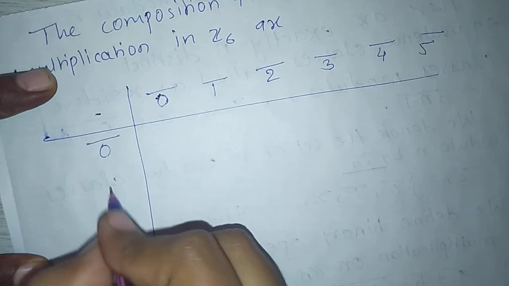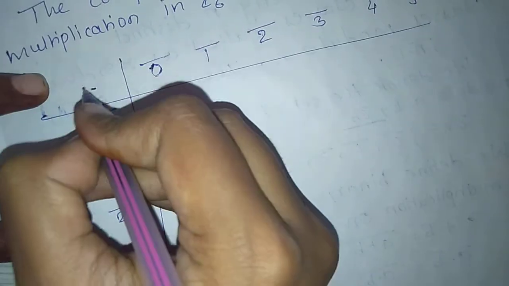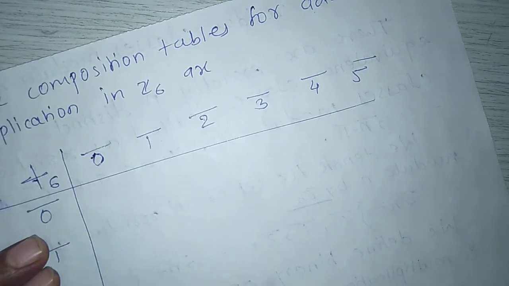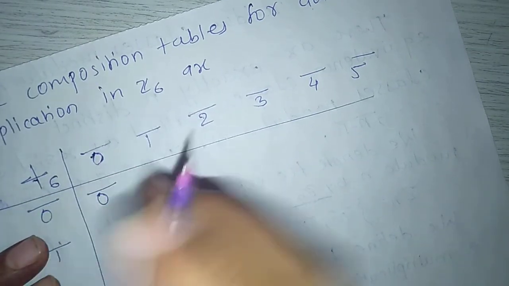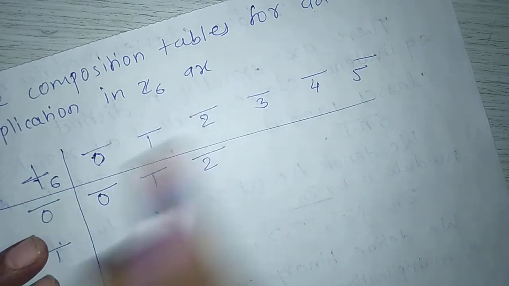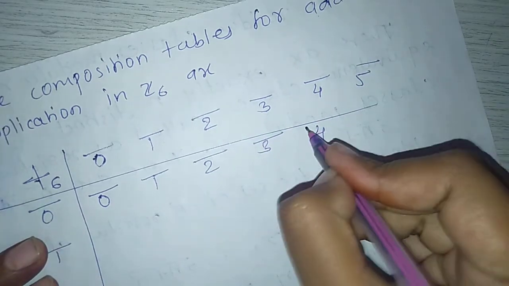Here 0 bar, 1 bar, 2 bar, 3 bar, 4 bar, 5 bar under modulo 6 addition table. First, 0 bar plus 0 bar, 0 bar, 0 bar plus 1 bar, 1 bar, 0 bar plus 2 bar, 2 bar, 0 bar plus 3 bar, 3 bar, 0 bar plus 4 bar, 4 bar, similarly 5 bar.